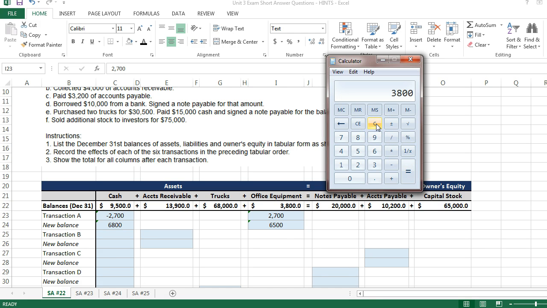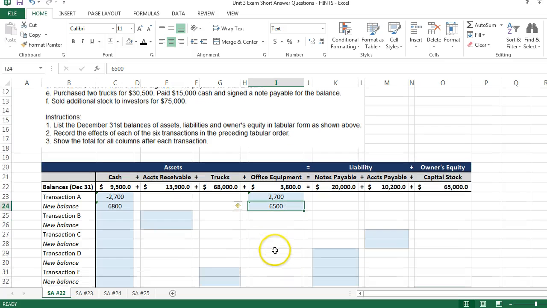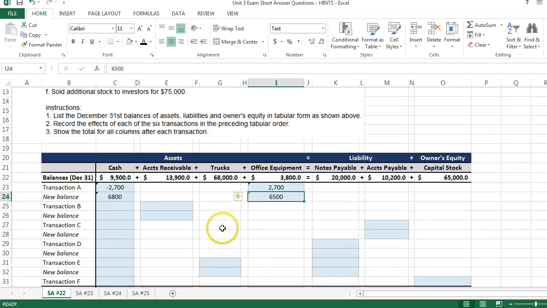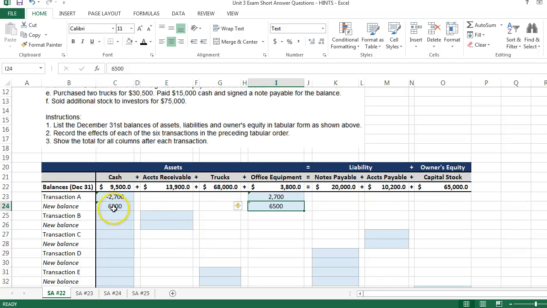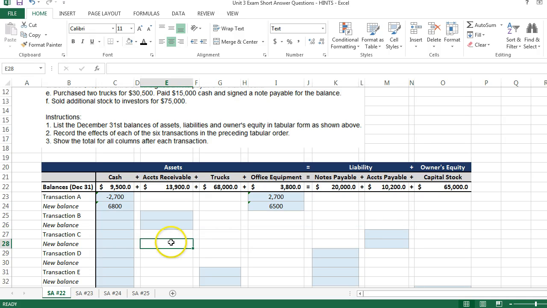So we take that original balance of $3,800 plus $2,700 that we just put towards more office equipment. That gives us a new balance of $6,500 worth of office equipment that we have. Okay, so that's how this assignment works. Again, make sure you calculate your new balance. There's a line here for the new balance every time you make a transaction.